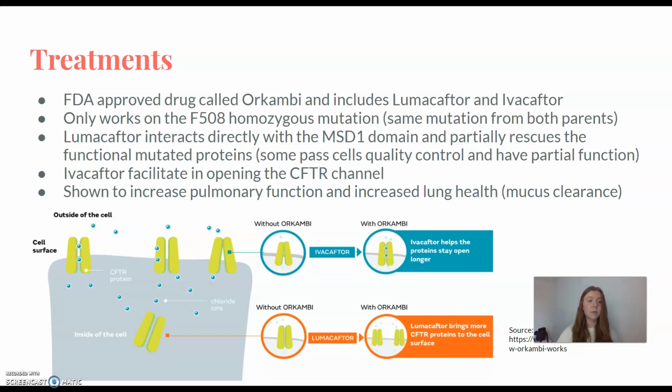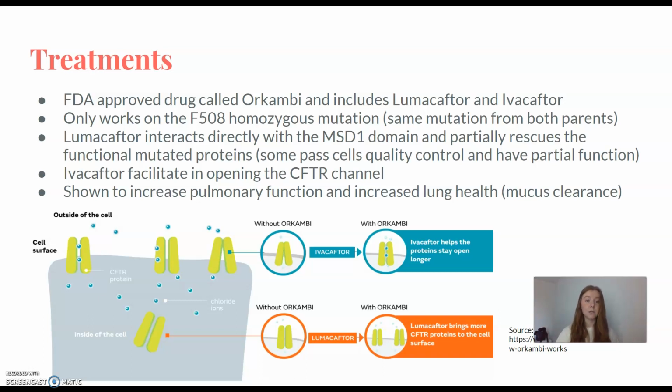And the lumacaftor interacts directly with the MSD1 domain, and it partially rescues the functional mutated proteins. And this happens because some of those mutated proteins pass the cell's quality control, and they actually have partial function. And the ivacaftor facilitates the opening of the CFTR channel that CF patients can't do on their own.